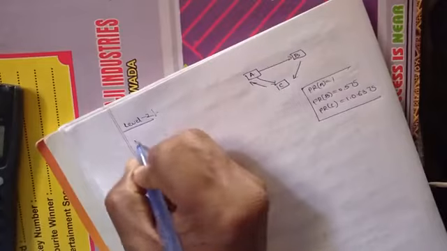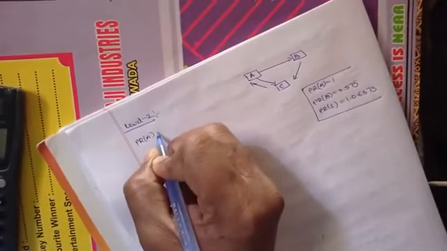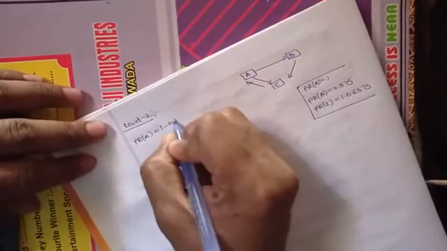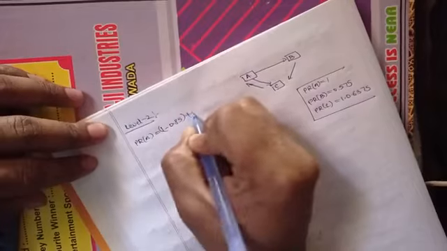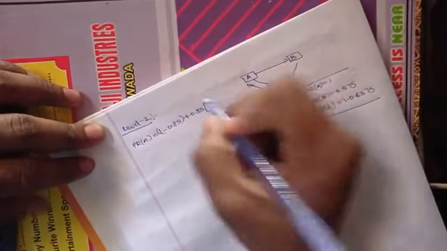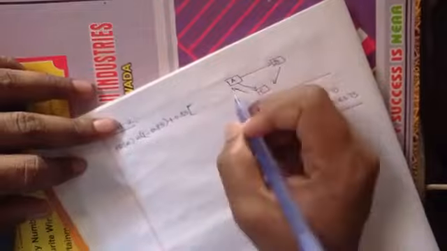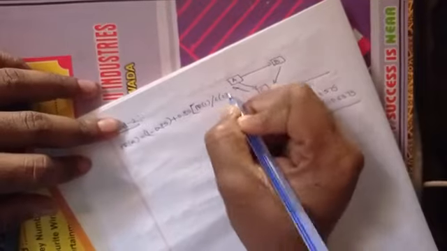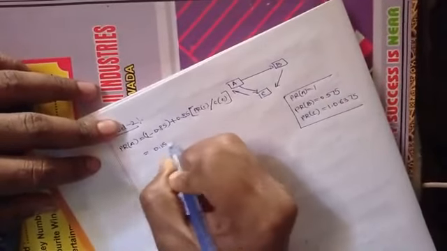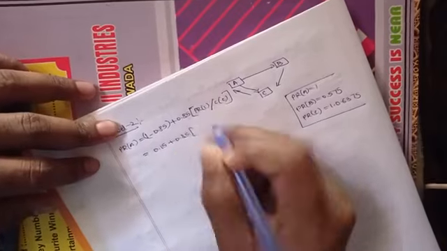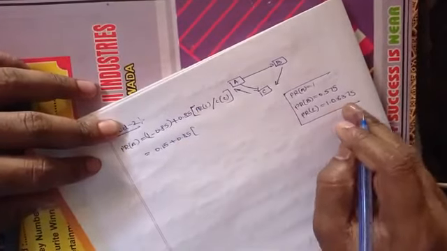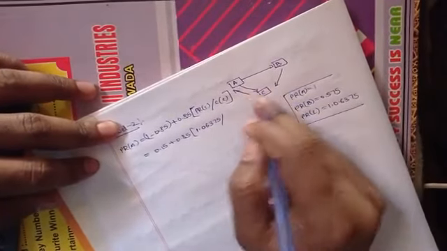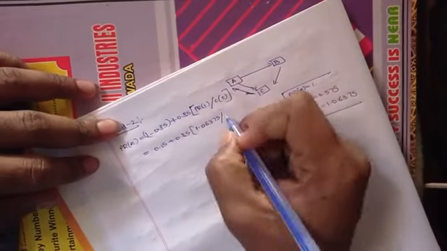In level 2, let us consider PageRank of A. PageRank of A is equal to 1 minus 0.85, plus 0.85 of... we have to consider the outbound links, and the only incoming link is from C. So PR of C by outbound links of C. That is 0.15 plus 0.85 of PageRank of C, which we got as 1.06375, by the number of outbound links from C. There is only one outbound link.